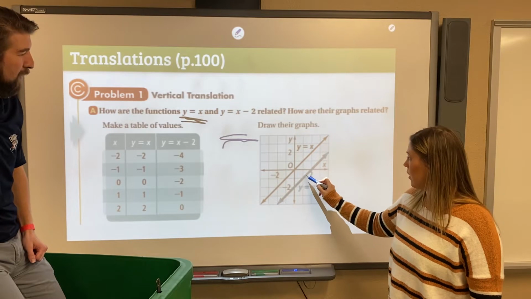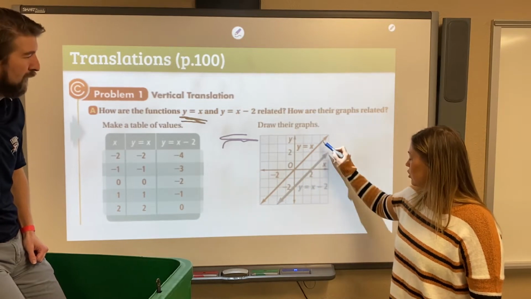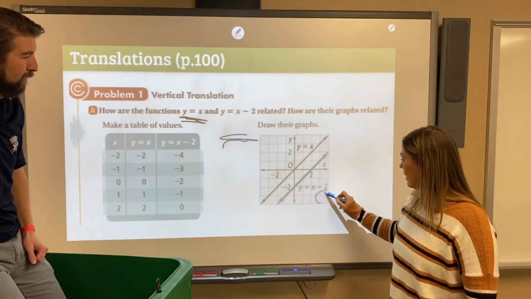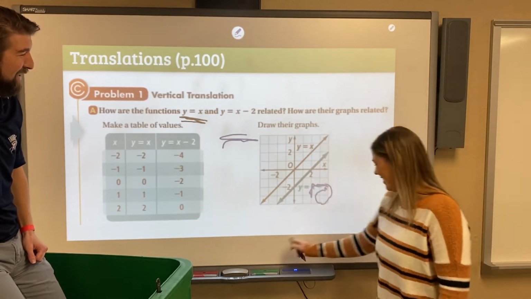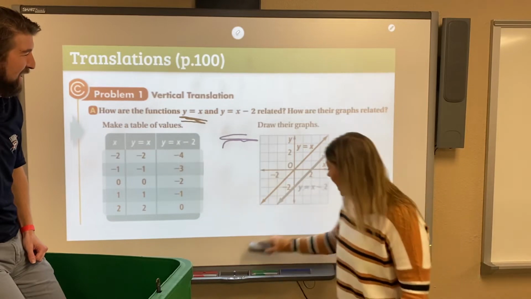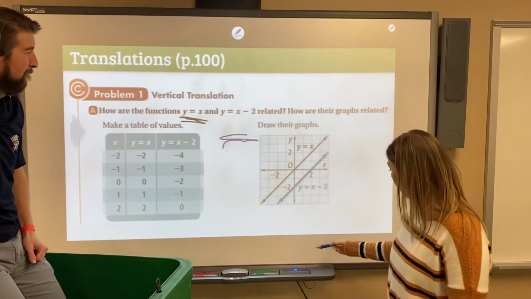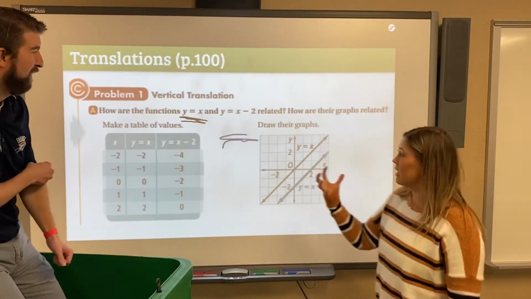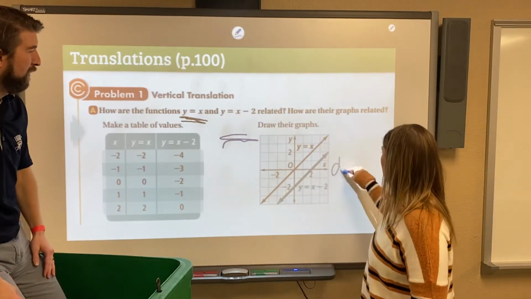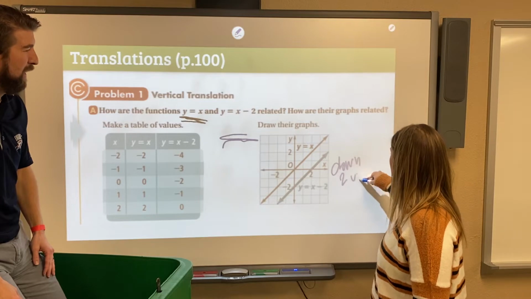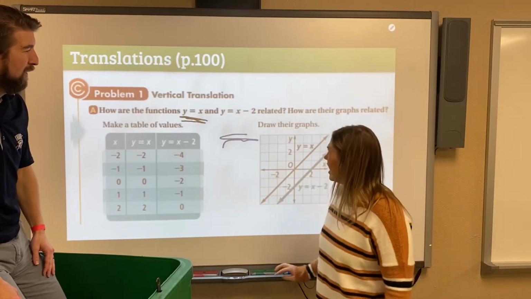Every point on the graph is translated down 2 units, and that is because of this minus 2, that's right there. That represents the k variable. And so the graphs are related in that everything is translated down 2 units. There we go. Perfect.